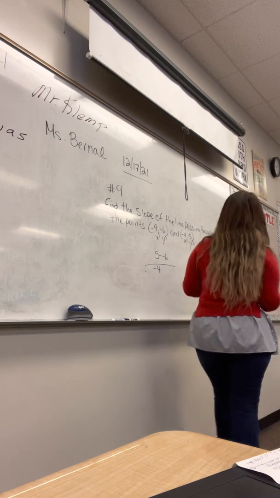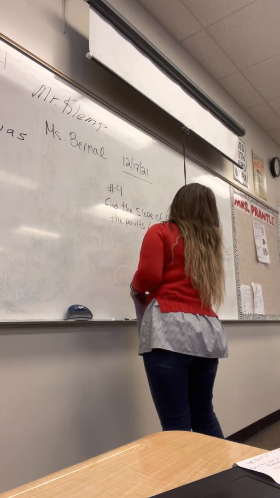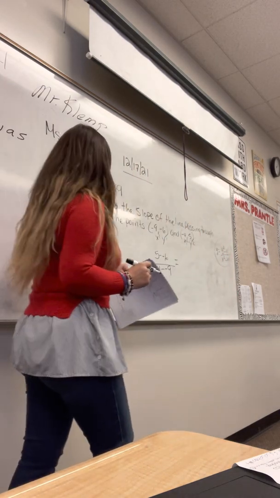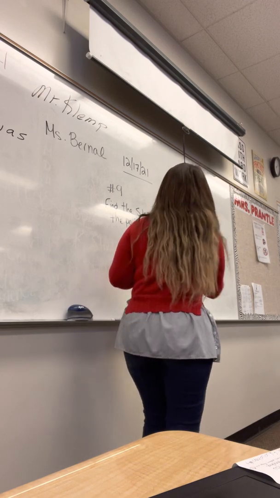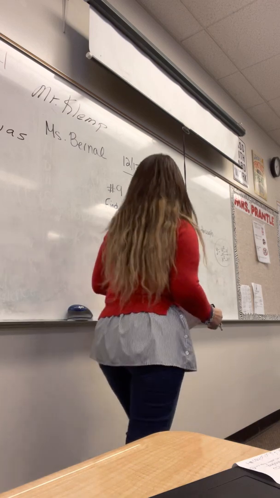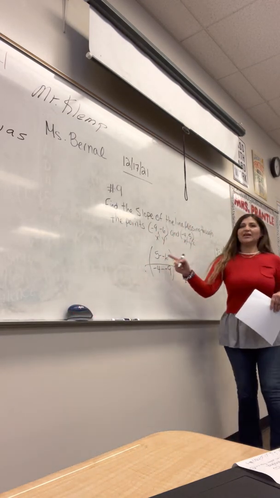And which one is your x1? -9 actually. Okay, don't you have to put parentheses? So this is what we get. Yeah, on here? Yeah, that's fine. It's okay. Thank you. Okay, on here, we have two negatives together.